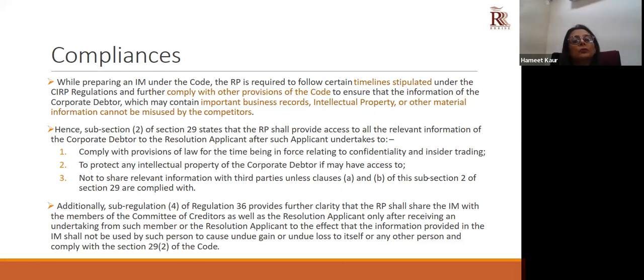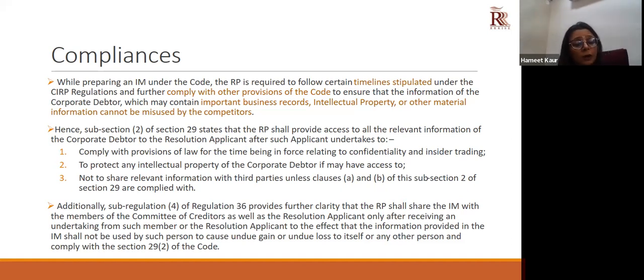Hence, sub-section 2 of section 29 states that the RP shall provide access to all relevant information of the CD to the RAs after such applicant undertakes to comply with the provisions of law for the time being in force relating to confidentiality and insider trading as may be applicable, to protect any intellectual property of the CD it may have access to, and not to share relevant information with third parties unless clauses A and B are complied with.